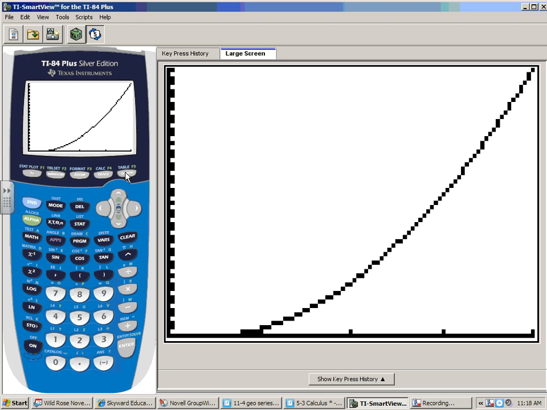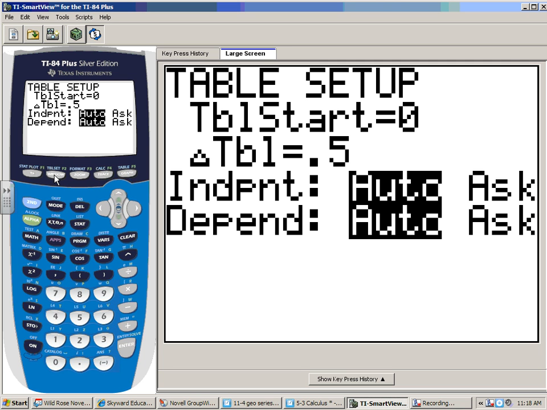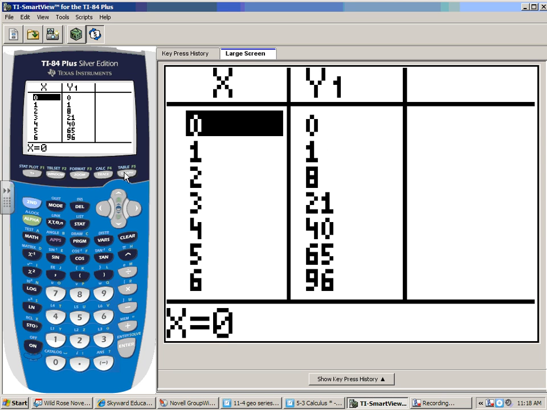Starts off very slow and then goes very fast. But once again, to get an accurate graph of this, what's probably the easiest way to get an accurate graph onto yours is use the table. So let's see, 0, going up by a half, probably not what we want to do. Let's just go up by 1. And let's find out what it says. So 0, 0; 1, 1; 2, 8; 3, 21; and 4, 40.